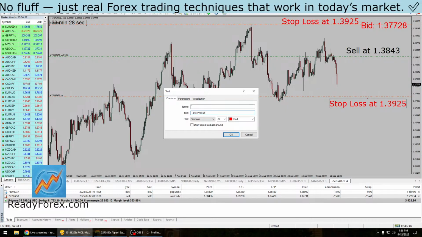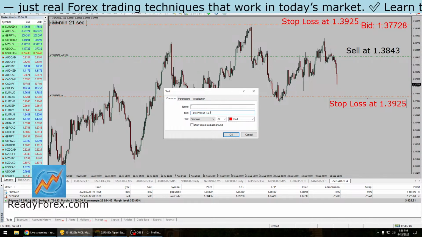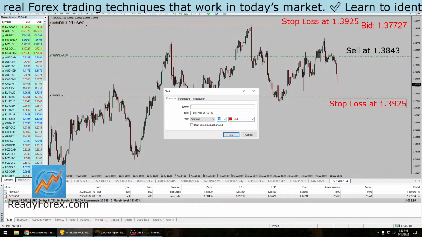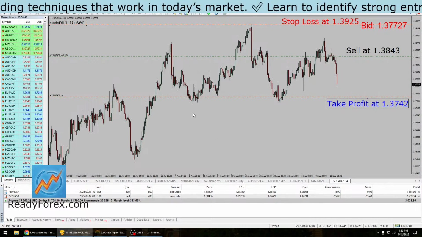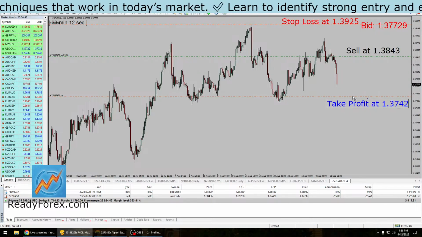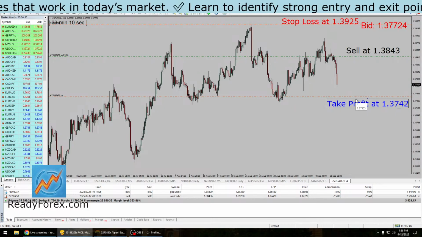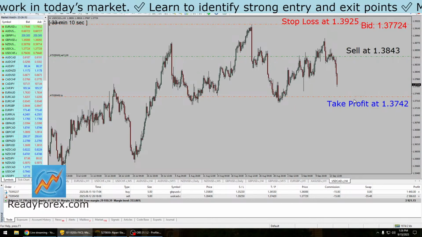Take profit at 1.3742. So this is the take profit level inside the US dollar versus Canadian dollar currency pair.